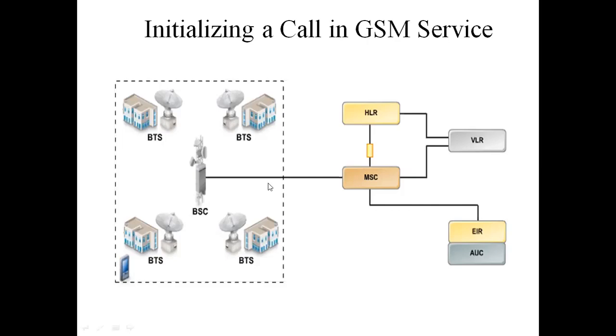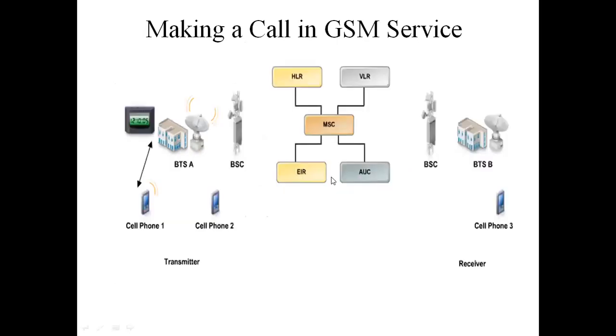Now when initialization has been completed, it is time to make a call. When the phone needs to make a call, it sends an access request. The access request contains the phone identification, the number.